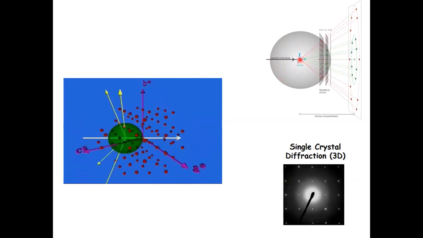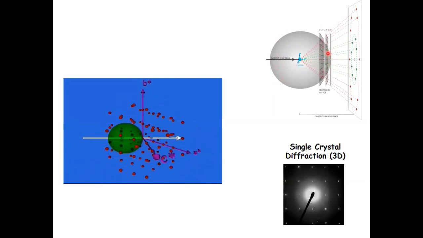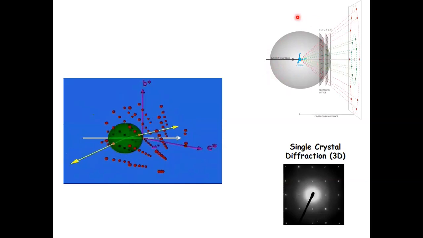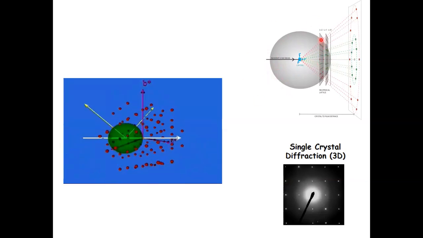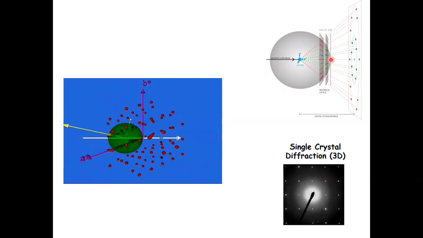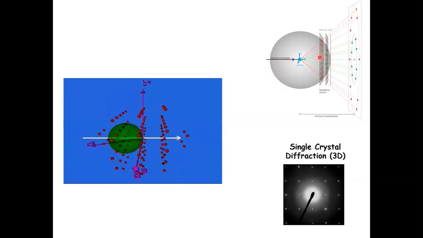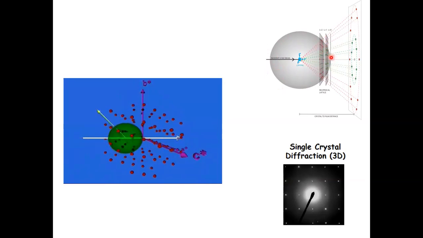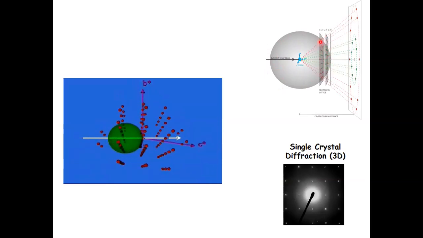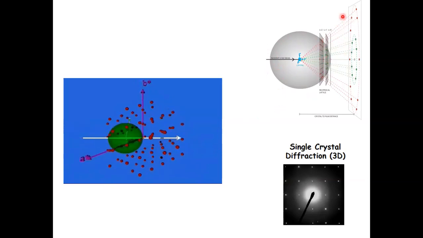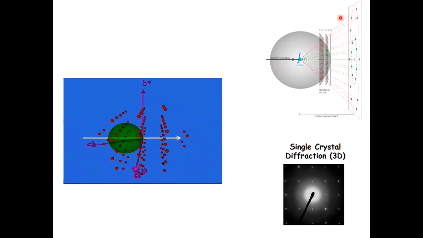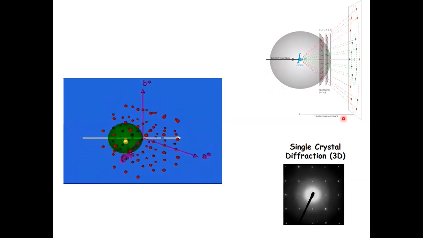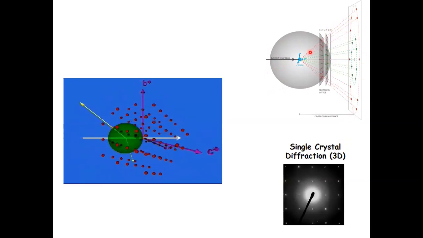We have again here our crystal, we have here our Ewald sphere, and now some lattice points of our reciprocal space will be on our Ewald sphere. Okay, and these are the points that we will be able to measure on our crystallographic plate, on our photographic plate behind our crystal.